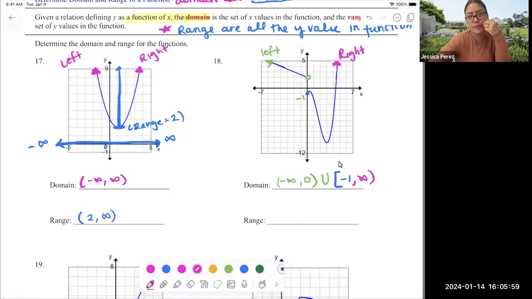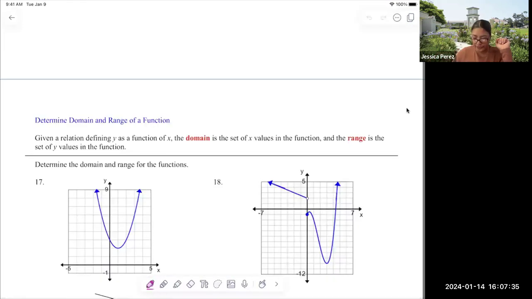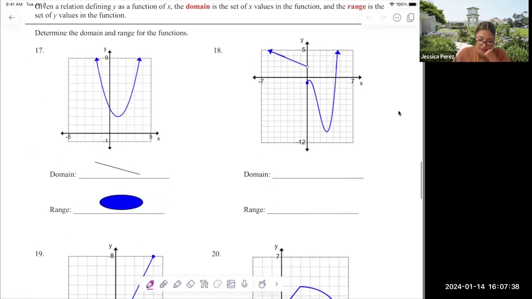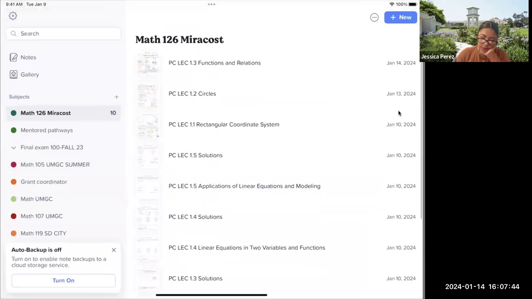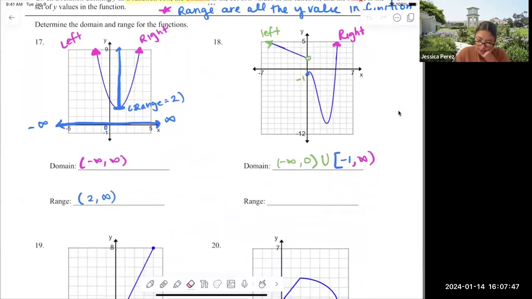Now your range is a little bit different because your range is your lowest point to the highest point. So you'll say, okay, well, the lowest point is this one, and my highest point is this one, right? But we have to look at the whole graph. So in this case, our lowest point was here, the value of -10.